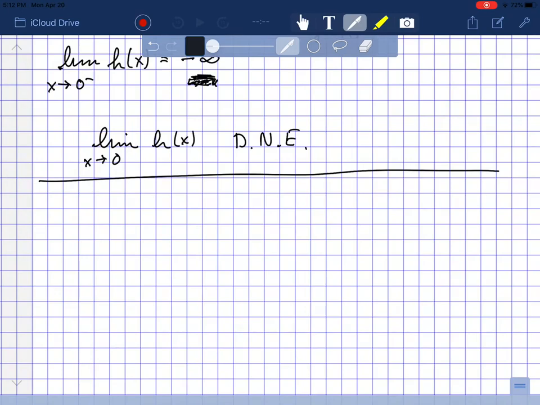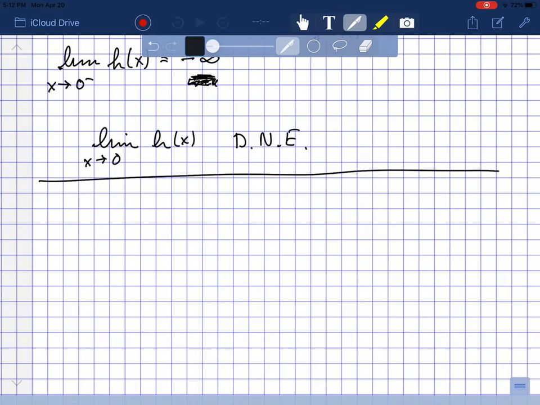So now we have two separate cases where we find that the limits of our function at a particular point do not exist. One is where we have this finite jump discontinuity. Another one is where we have this vertical asymptotic behavior at the point where x is approaching our value.